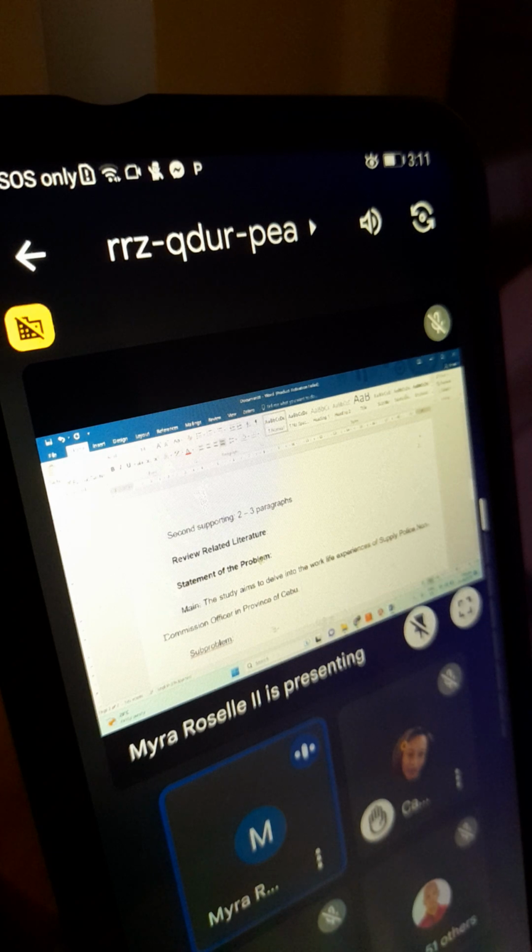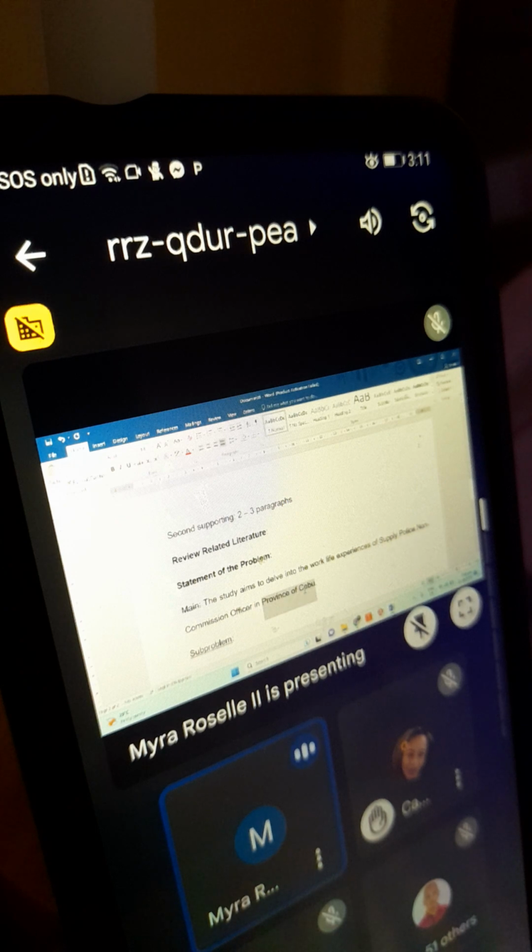Okay, so you have here the aim: the study aims to delve into work experience, or work-life experience. You have here the police officer, the non-commissioned officer. This is your subject.